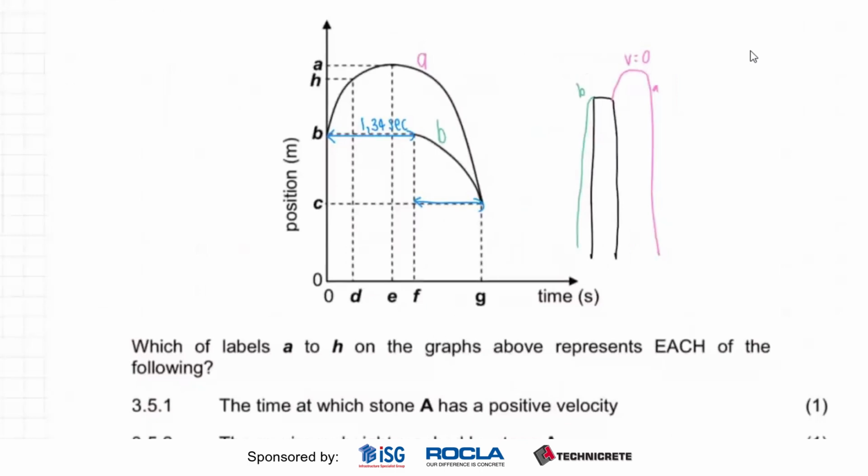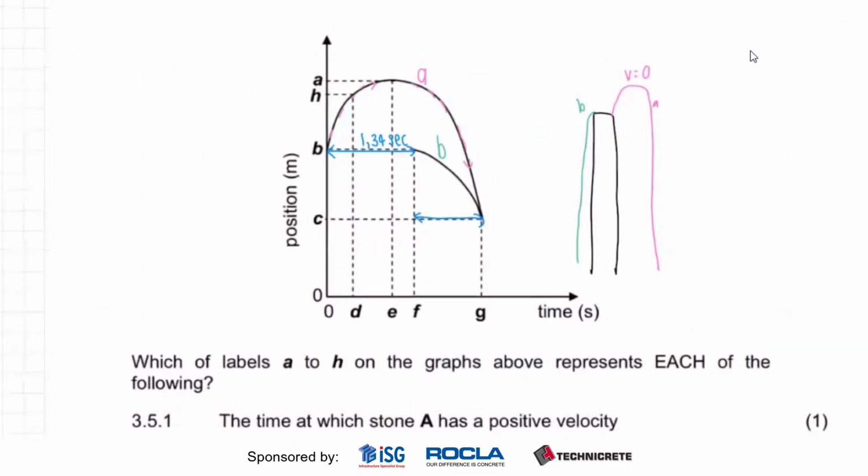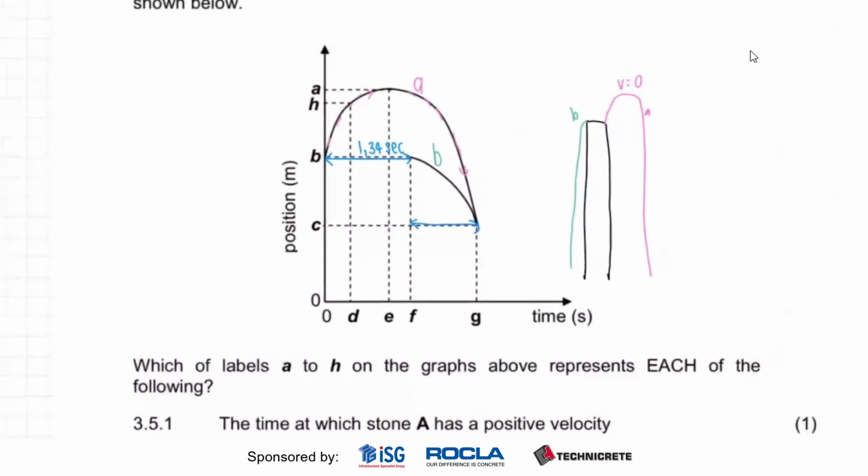We can see from the graph and from the drawing that stone A goes up in position and then it goes down in position. So if this was a velocity versus time graph, it would probably look like this.